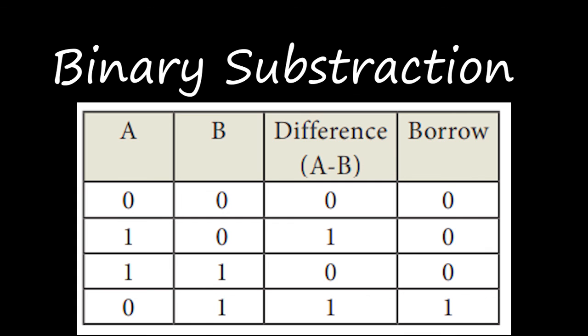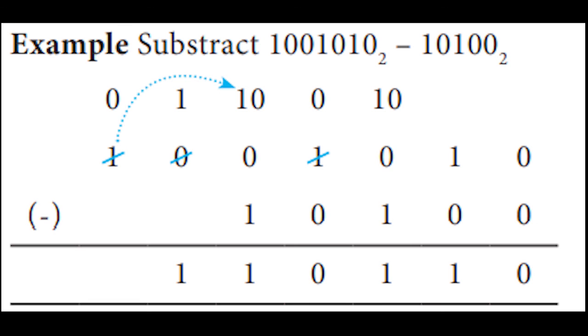Understood? Let's see an example. 1 0 0 1 0 1 0 is given, and 1 0 1 0 0. We are going to subtract these two numbers. First, 0 minus 0 is 0. 1 minus 0 is 1. 0 minus 1: you have to borrow 1 from there, and you will make the 0 as 10.